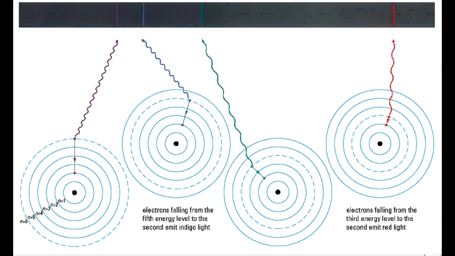In each of these cases, I have a Bohr-Rutherford diagram. And if you look really closely, what you'll see in each of the diagrams is a different type of transition made by the electron involved. So for example, in this diagram to the far left, I can see that I have an electron that would be in the, looks like the second energy level right here. That's its ground state.